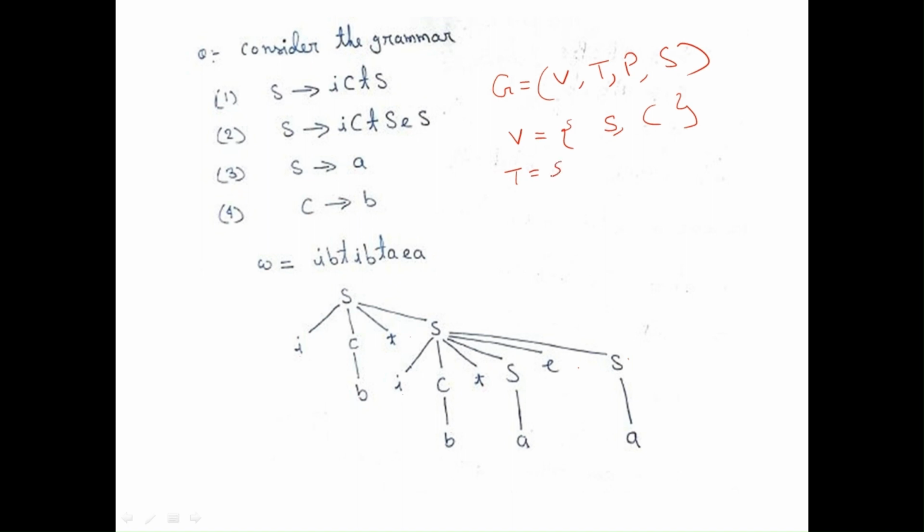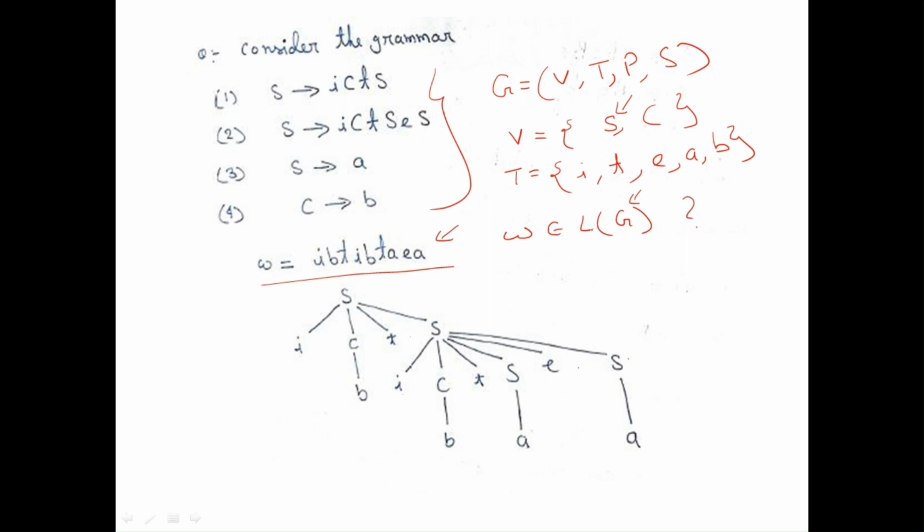The terminal set is I, T, E, A and B. These are the production rules, and S is the start variable or non-terminal. Okay. Now suppose a string W is given like I, B, T, I, B, T, A, E, A, and we have to find whether this W belongs to the language generated by this grammar G or not.